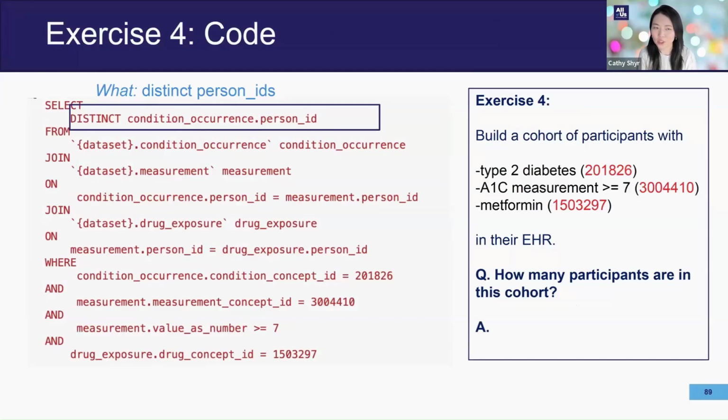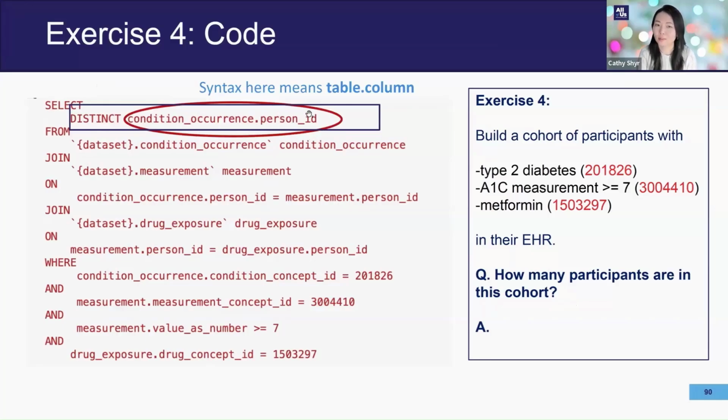To answer this question, one way is to count up the number of unique participants in our cohort, which means counting how many distinct person IDs there are. So under the select statement, I want to select the distinct condition occurrence dot person ID. Here the syntax means OMOP table dot column name. So I want to select the person ID column from the condition occurrence table.